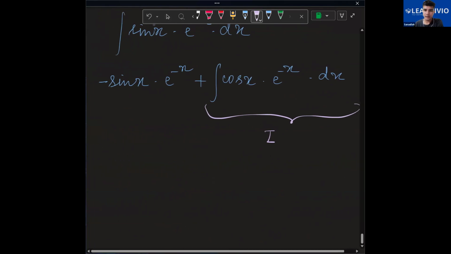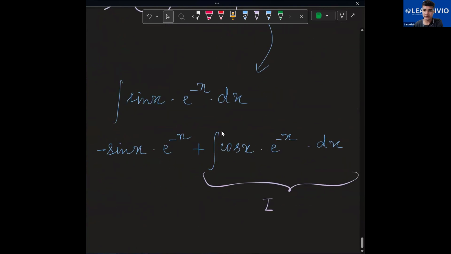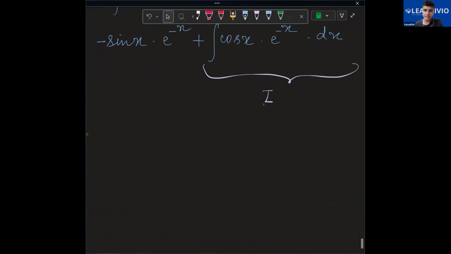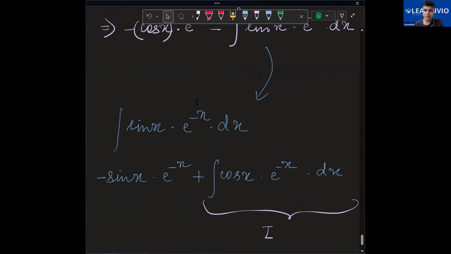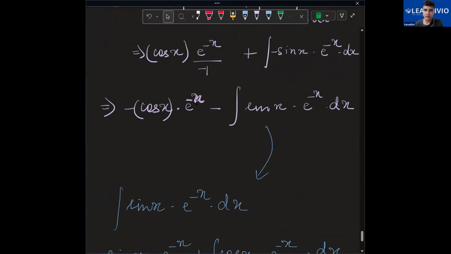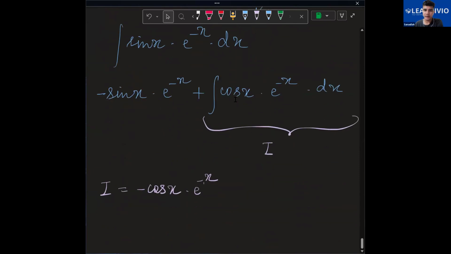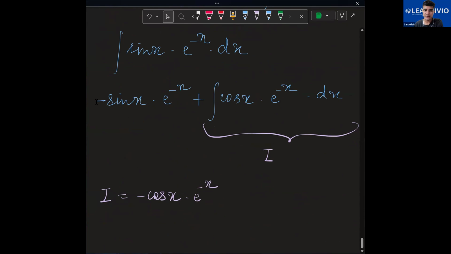So my complete answer will be, I'm just substituting all these things back in my equation. So I will be minus of cos x into e power minus x. And for this part, we got this value. This is minus, and this is minus.